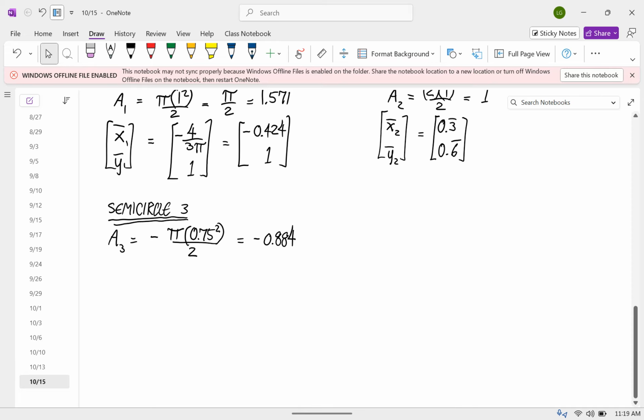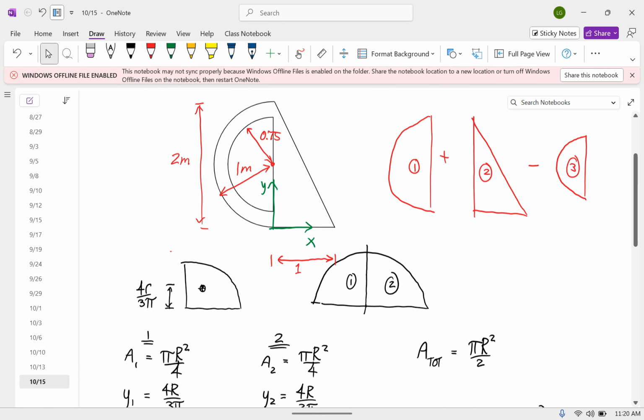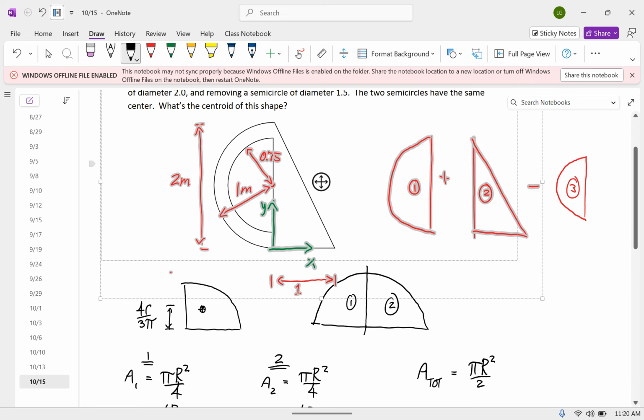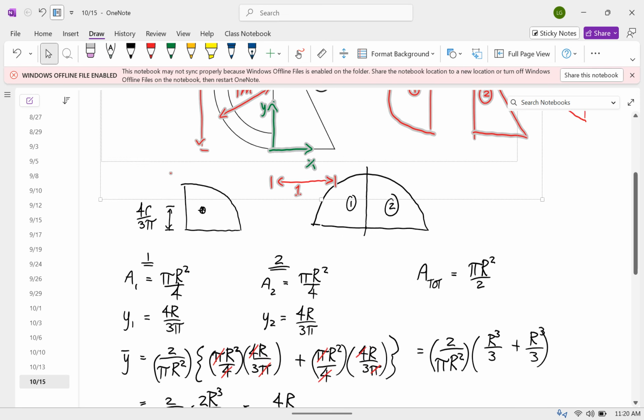And now the centroid, this is the last thing we need. The centroid for that removed semicircle. So for x, we're going to go 4r over 3 pi in the negative x direction.